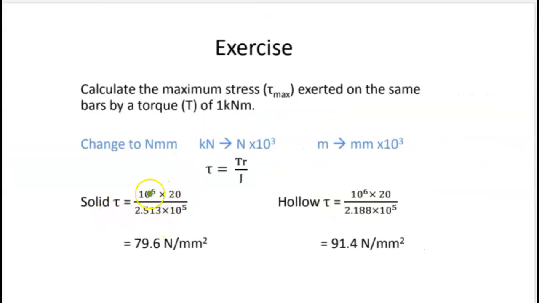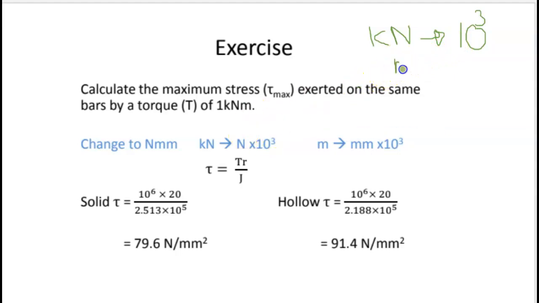So I put in the values, they gave us the value of 1 kilonewton meter. That's the torque. I converted the kilonewton into Newton, so that is 10 to the 3.